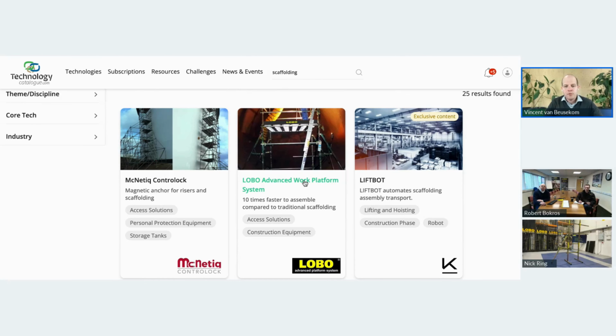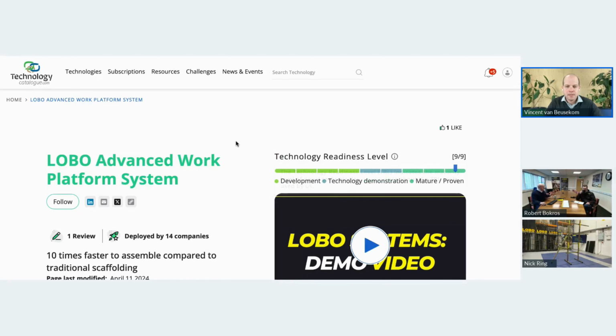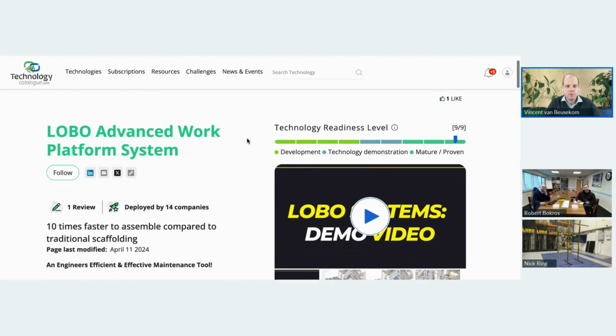Let me use that to show you how all technologies on the platform are presented. This holds for scaffolding solutions, which typically have a hardware component, but the same holds for all the digital solutions that you can find on the platform.